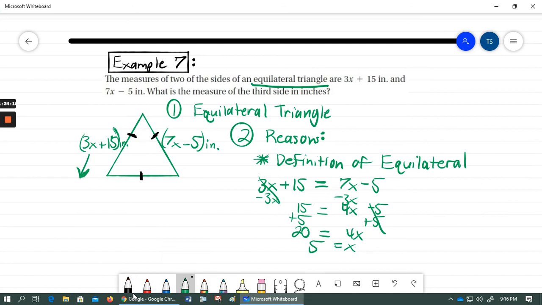So if we find one of these side lengths, we technically have all three, because it's an equilateral triangle. So we plug in this value of x that we just found, and we substitute.